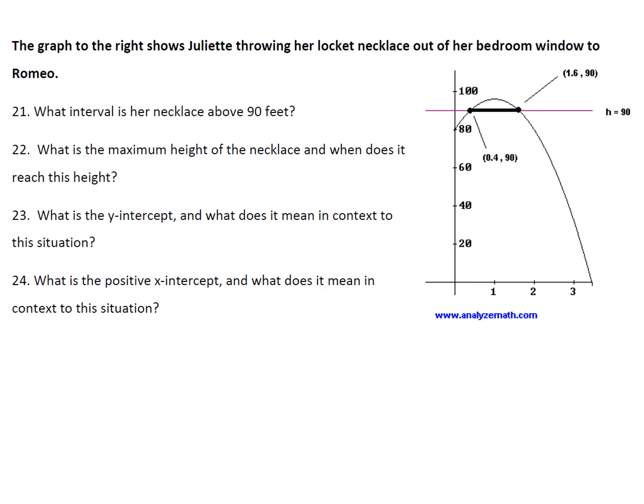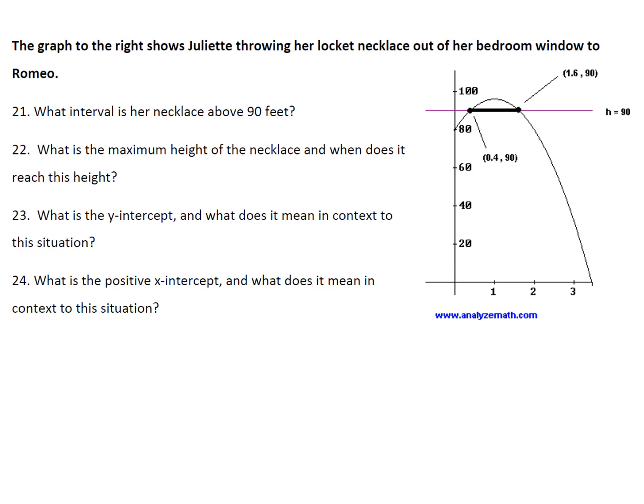Okay, at this time, we're going to go through the answers. If you're not finished, please press pause. Once again, this graph is not super detailed, so my answers are going to be somewhat estimates. For number 21, it says, what interval is her necklace above 90 feet? Just a reminder, intervals are X values.